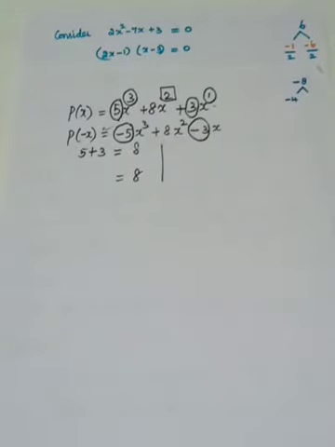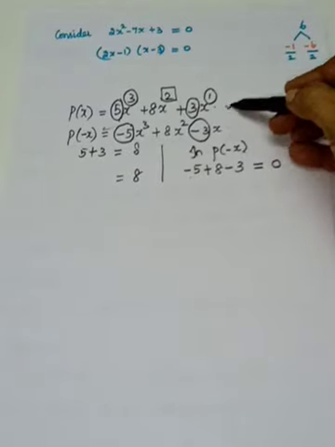So in p of minus x, if I add the coefficients minus 5 plus 8 minus 3, what answer has to come? It is 0. You see that?